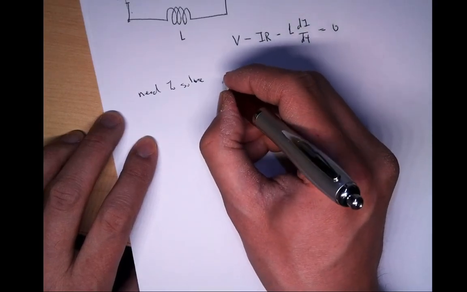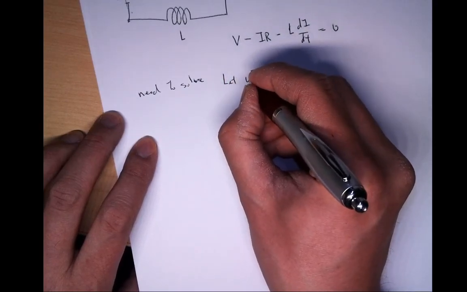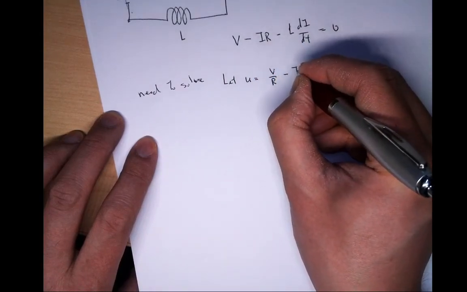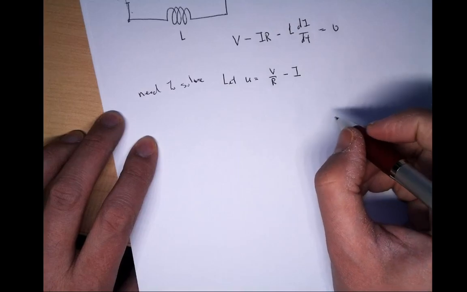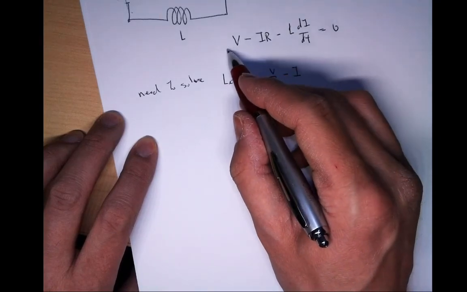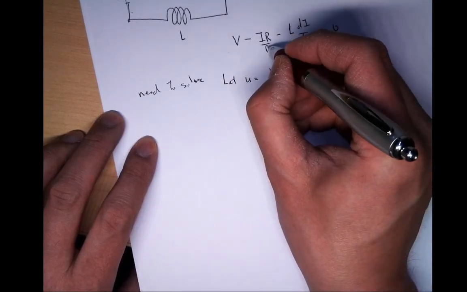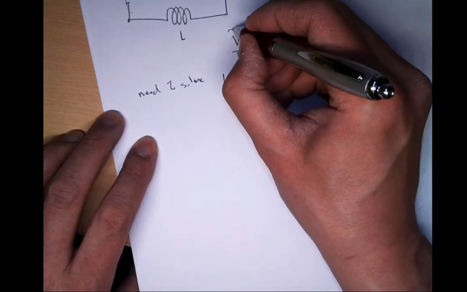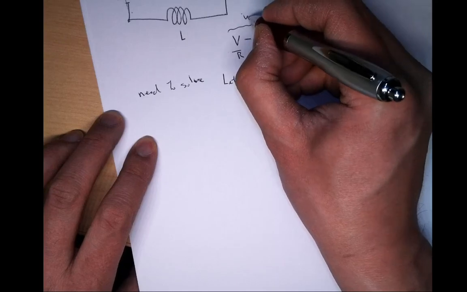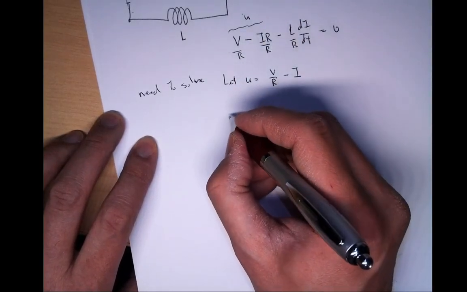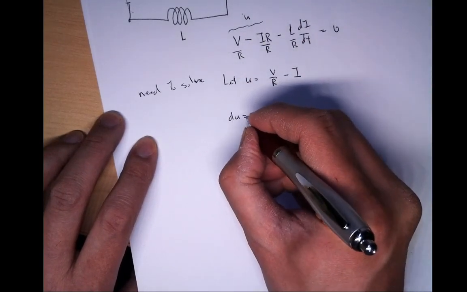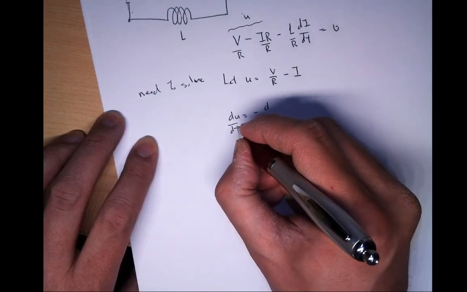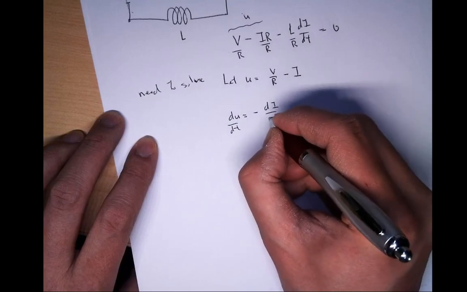I'm going to let u equal V over R minus I. You see if I divide by R here, this thing becomes u, and then du is equal to minus du dt minus di dt.